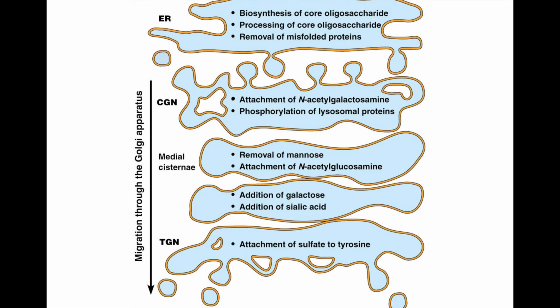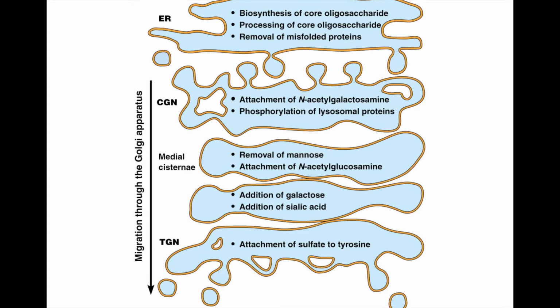In the default pathway of going from the ER to the cis-Golgi network, medial cisternae, trans-Golgi network, there are proteins and functions that are specific to different compartments, and there are mechanisms for keeping proteins in those specific compartments, even though the default pathway is that you keep moving all the way to the cell membrane. So, for example, in the ER, we know that the carbohydrate that is going to be added to the protein to modify it in the Golgi starts to be synthesized in the ER.